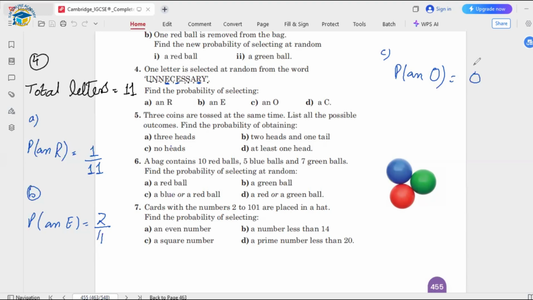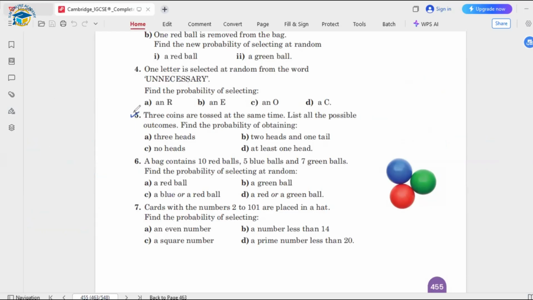So that's why the probability of the O will be 0. Next D part is that we need to find the probability of getting a C. So how many times we got a C? Only one time we got a C out of total 11. So these are the probabilities according to this. Okay. This is completely your part number 4.